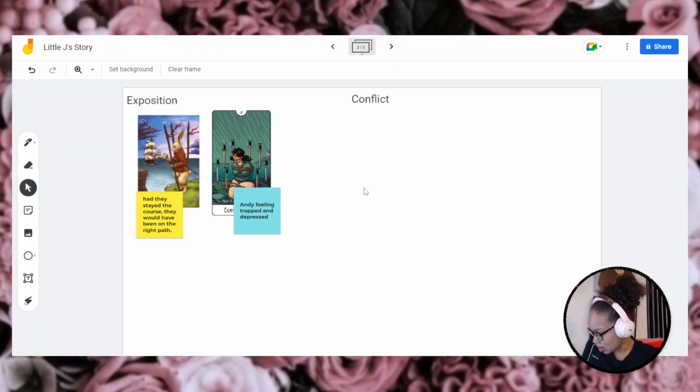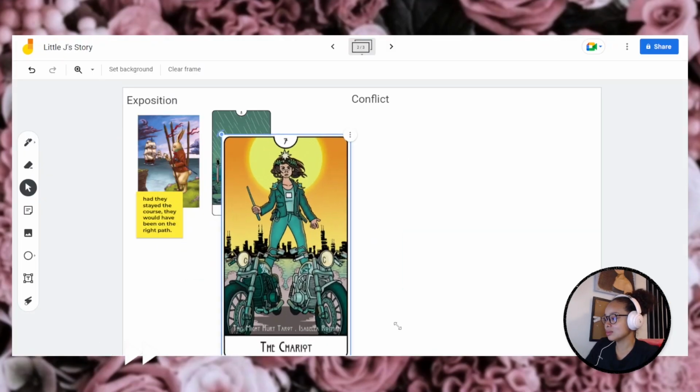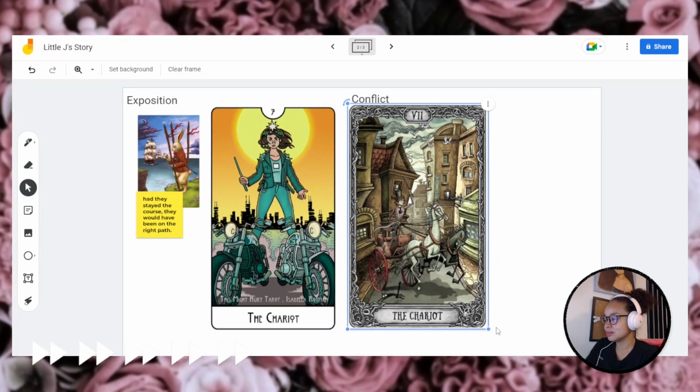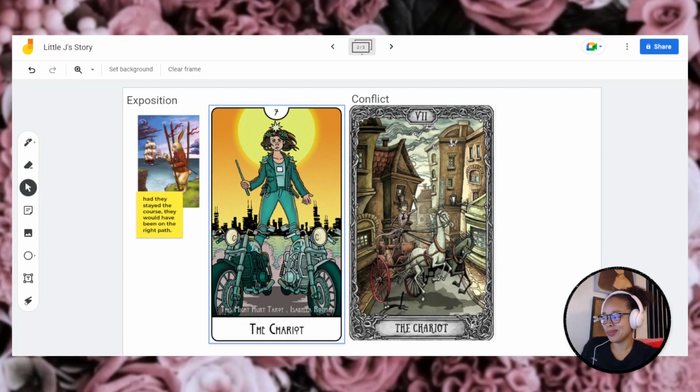Okay, the next card we pulled was the Chariot. I think this is like moving, something like moving fast paced. Direction, willpower, determination, success, achieve goals and get what you want, keep focused. Your confidence is being tested in battle and competition with others.